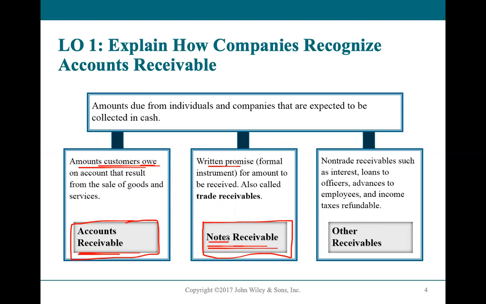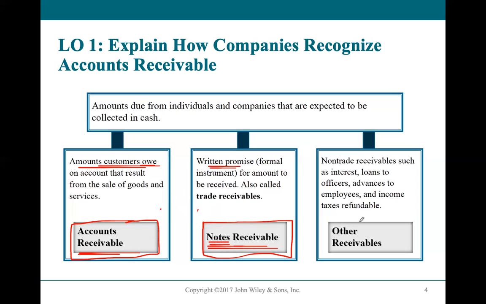And so the business agrees to extend that for a longer period of time in exchange for interest. Both parties sign a written promissory note. And there you go. This is what the chapter is focused on, both the accounts receivable and the notes receivable.